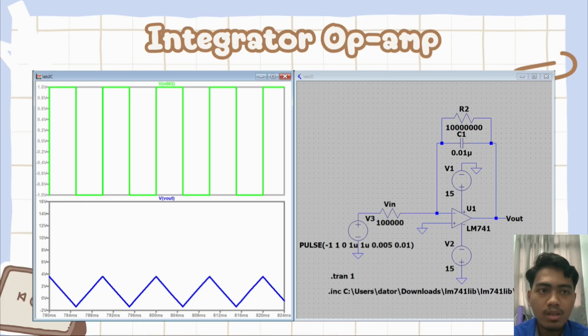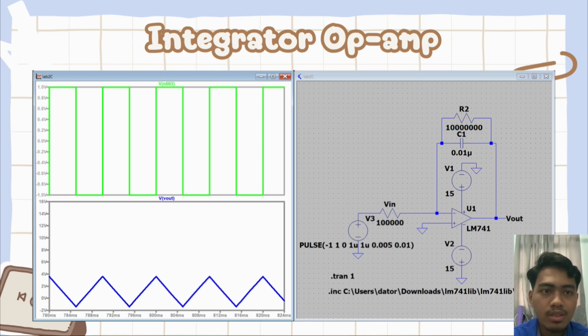A critical non-ideal characteristic is its susceptibility to DC offset voltage drift, where any small DC voltage, like the operational amplifier's internal offset, is continuously integrated, causing the output to quickly ramp towards the supply rails.